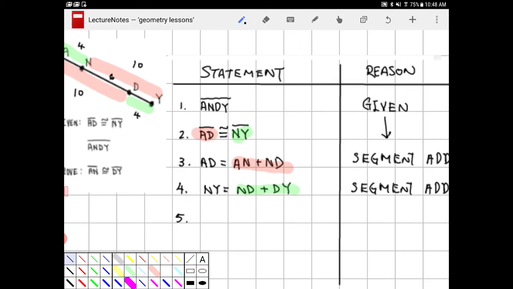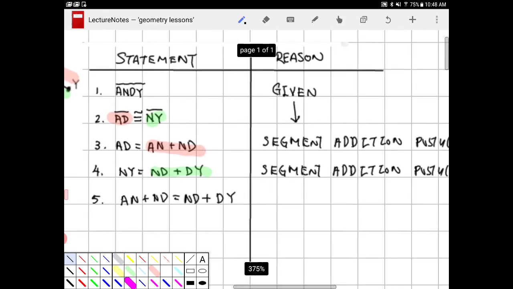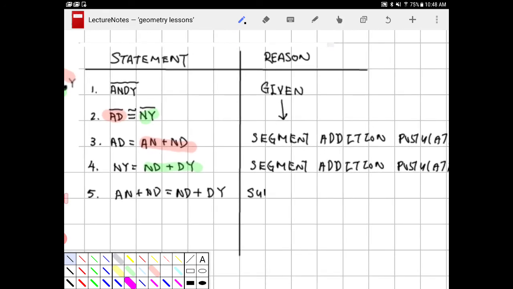So I can say AN plus ND is equal to ND plus DY. This is true because of, again, substitution. Substitution of which lines? L3 and L4 into L2.